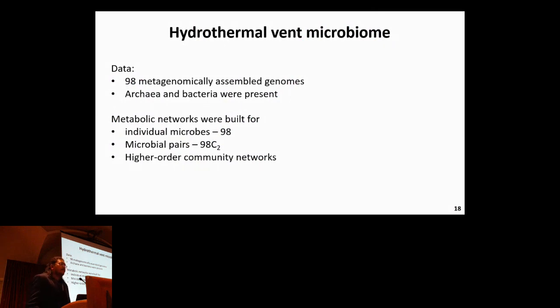This is a very unique environment with a very unique set of microbes. The data we had was 98 metagenomically assembled genomes of 90 different microbes, including both archaea and bacteria. We were interested in studying how archaea interacted with bacteria.